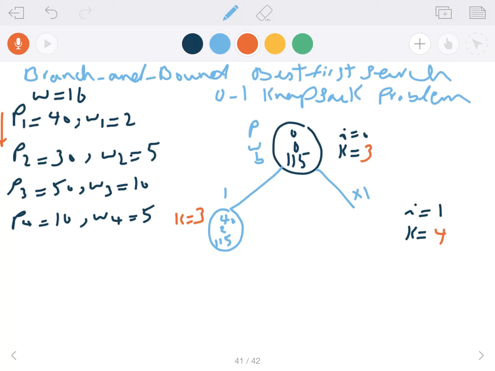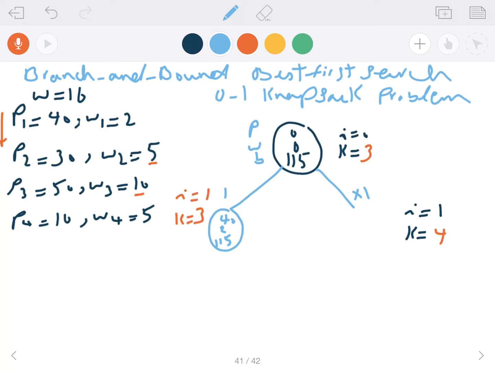Because we are not including item number 1, so the weight that we already picked is 0. So I can pick item number 2, which has weight 5, and item number 3, which has 10, together 15. But if I include item number 4, then it's going to be more than 16. So for this node, K is equal to 4. But both have I equal to 1, which means that you are at level 1. So let's also write here that I is equal to 1 for this node.